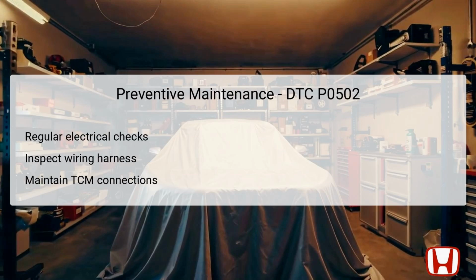To prevent occurrences of DTC P0502 in the future, it is advisable to implement a rigorous preventive maintenance schedule focusing on electrical components. Regular inspections of the wiring harness connecting the CVT speed sensor to the TCM can help identify any signs of wear or damage before they lead to operational failures.